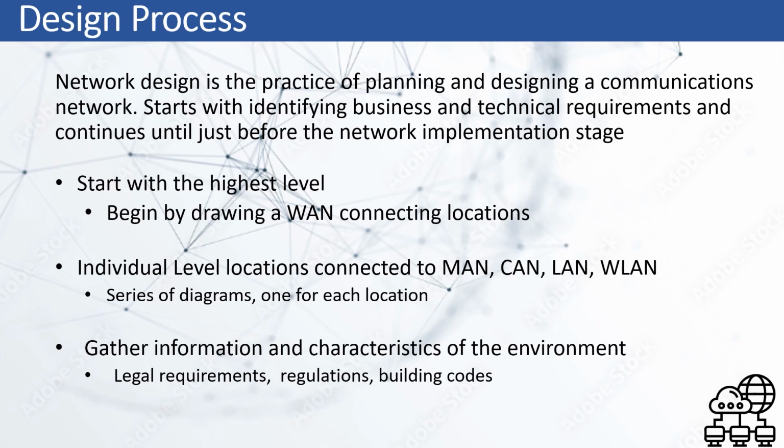It's usually recommended as a series of diagrams, one for each location or type of network chosen, and then gathering information and characteristics of the environment, such as the legal requirements.